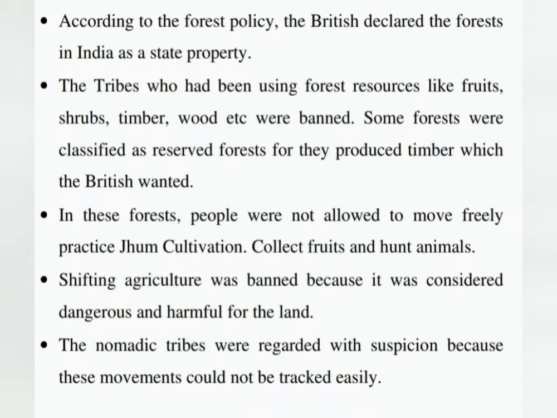In these forests, people were not allowed to move freely, practice Jhum cultivation, collect fruits and hunt animals. Shifting agriculture was banned because it was considered dangerous and harmful for the land. The nomadic tribes were regarded with suspicion because their movements could not be tracked easily.